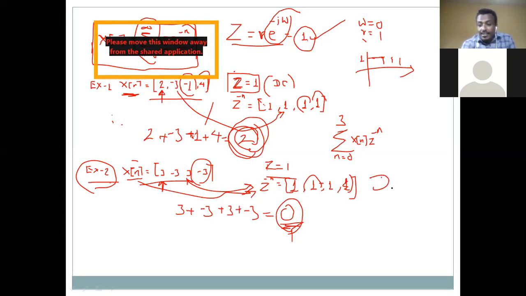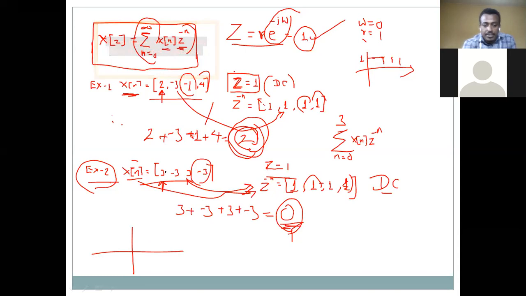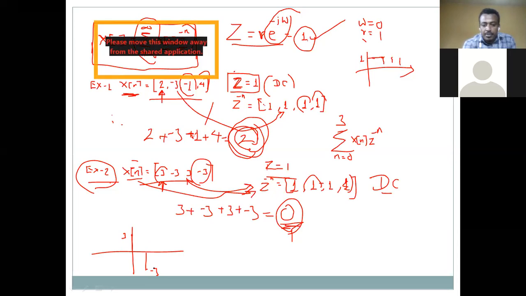DC, right? You can see here, if you plot this sequence, the first amplitude is 3, the second amplitude is minus 3. So what is the average? 3 plus minus 3 divided by 2, 0. Just like a sinusoidal.